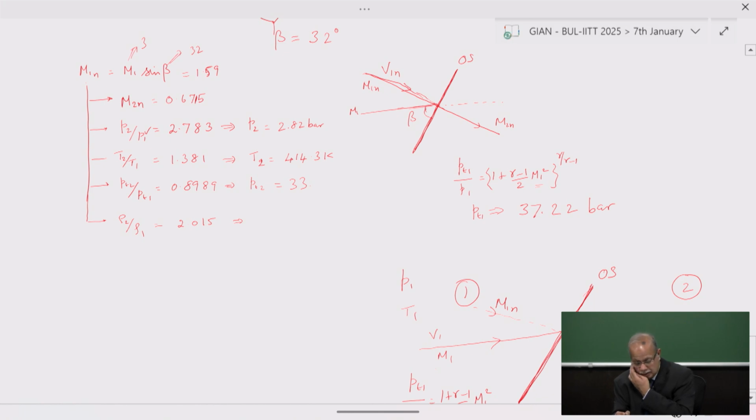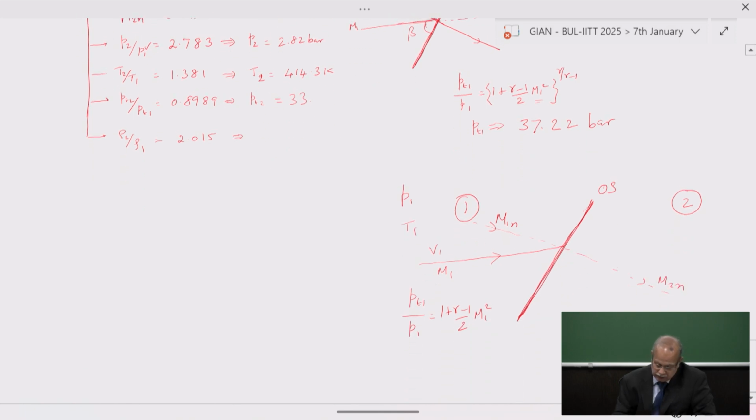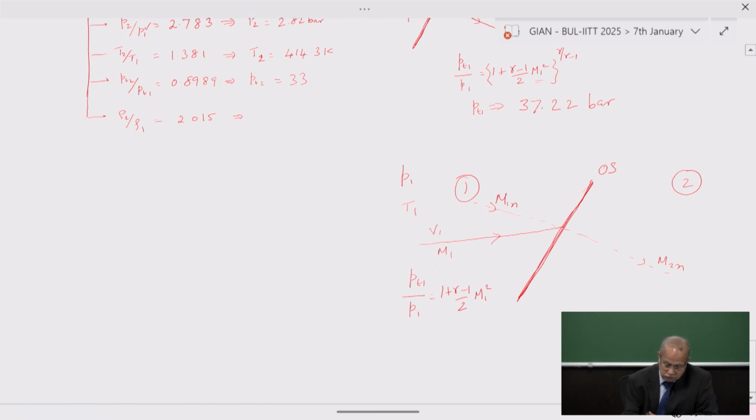You can cross check that. So this is the total pressure here, but then you can use this M1n relationship to find the pressure PT2. What is PT2? 4.5.